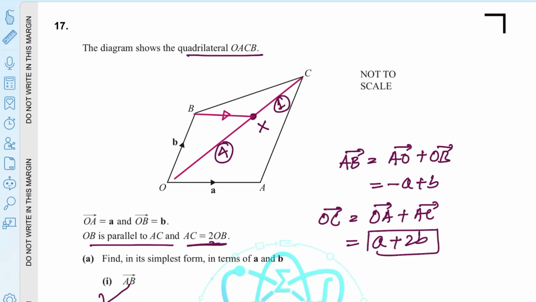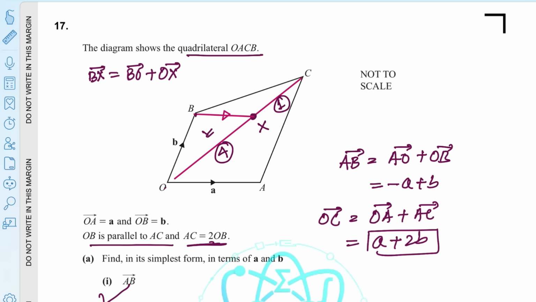So now you tell me BX. If I try to write down BX vector, I'm talking about this one, BX vector equals BO vector plus OX vector. Like this, right?